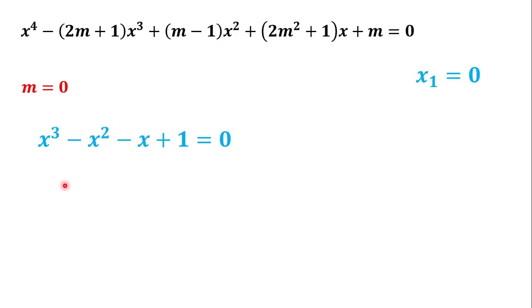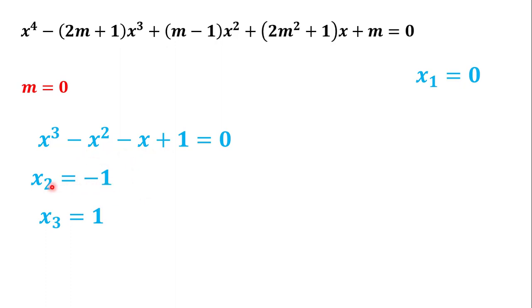Minus 1 and 1 are divisors of 1. Then we need to check minus 1 and 1 in this equation. If we check them, we can see minus 1 and 1, both of them are roots of this equation.